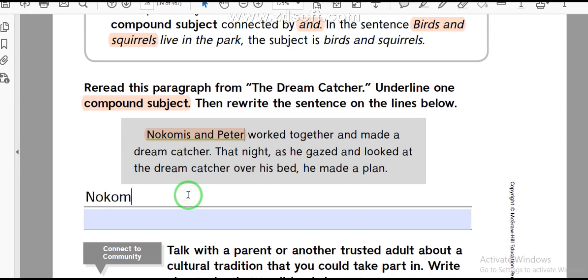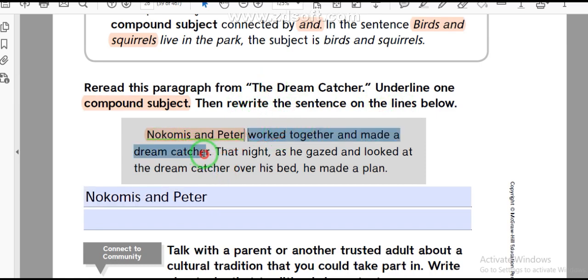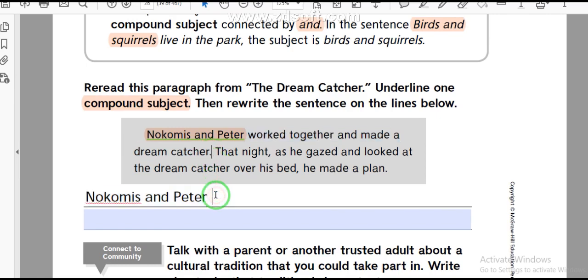Let me write it. So we should write it on the line. Nokomis and Peter. But I think we should write all the sentence here on the line. They said rewrite the sentence on the line, so we should write it all here on the line. Let me copy it and paste it. Okay.